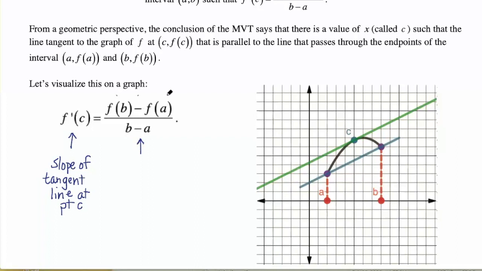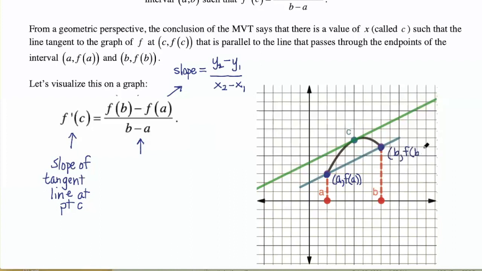The right-hand side should look vaguely familiar. What you're actually seeing here is a version of the slope formula, where you find the slope by subtracting the y-coordinates over the x-coordinates. In this particular case, we're using this first endpoint, which has the coordinates a and f of a, and this endpoint, which has the coordinates b, f of b.